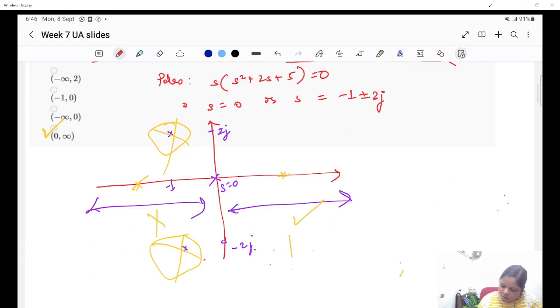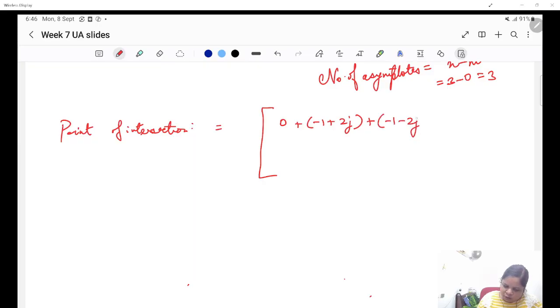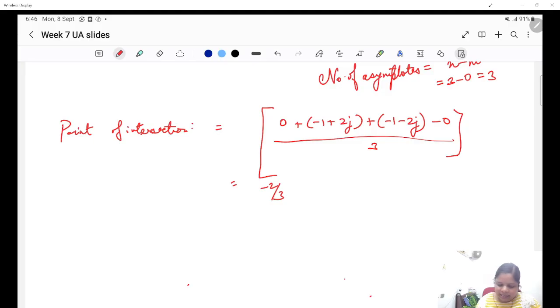They were 0, minus 1 plus 2j, minus 1 minus 2j. It's going to be 0 plus minus 1 plus 2j plus minus 1 minus 2j minus 0, because there are no zeros, upon 3. That is minus 2 by 3. So this is the point of intersection of these three asymptotes.